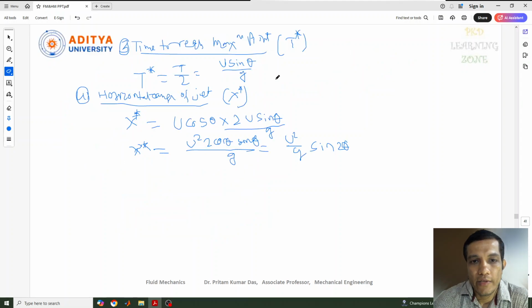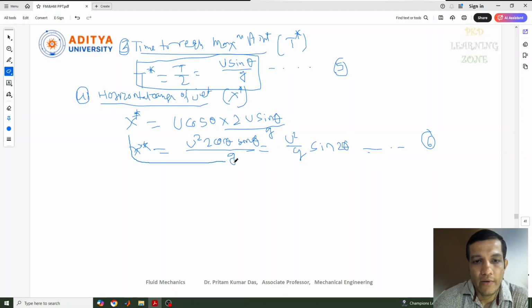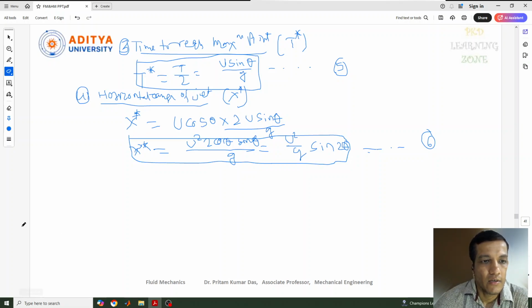Now up to equation 4 we have given, so this one we can give equation 5 and this one equation 6, just to remember these points. It's very simple actually to find. These things we have already studied in our previous higher secondary one, and here also you can apply them in fluid mechanics.